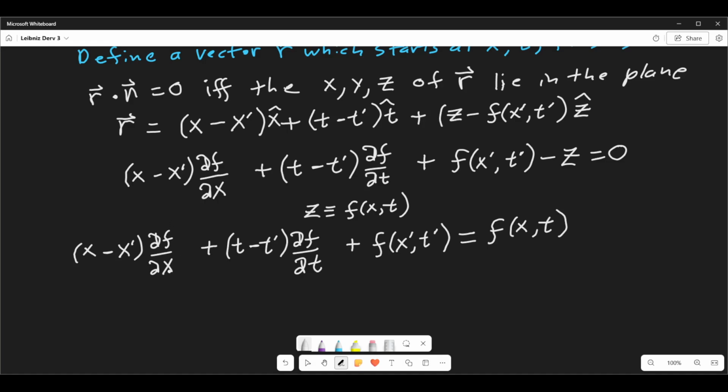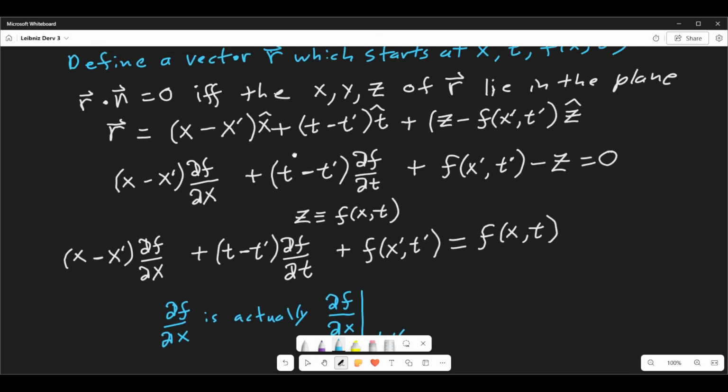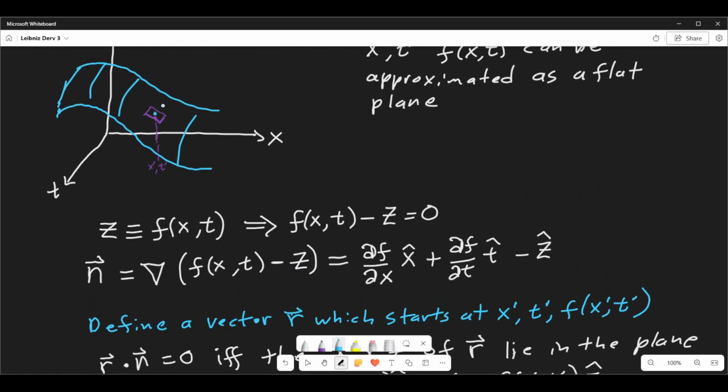The derivative of f with respect to x, actually each of these derivatives, for instance df/dx, is actually f evaluated at x prime and t prime, because this is the df/dx for determining the normal vector, and the normal vector comes out from the middle of this little box.